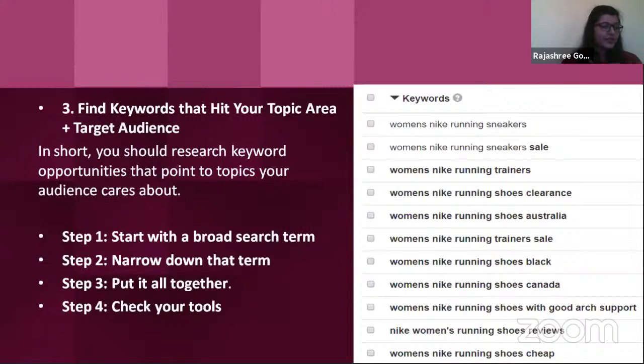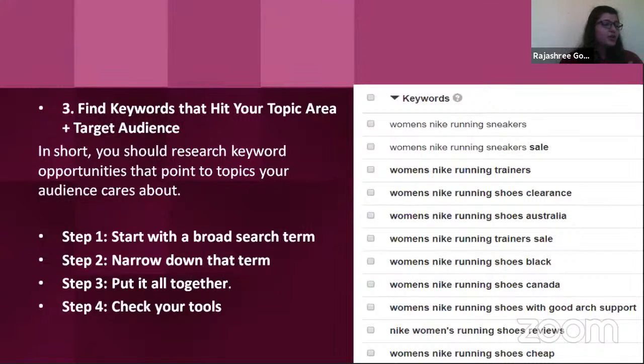Suppose I am selling running shoes. I would start with a broad root keyword, and I will search for the keyword running shoes. Now I will narrow down the term by thinking about these factors: my best-selling products and services, variations of those keywords, products and features, and I will question the customers and ask Google to find out my business.